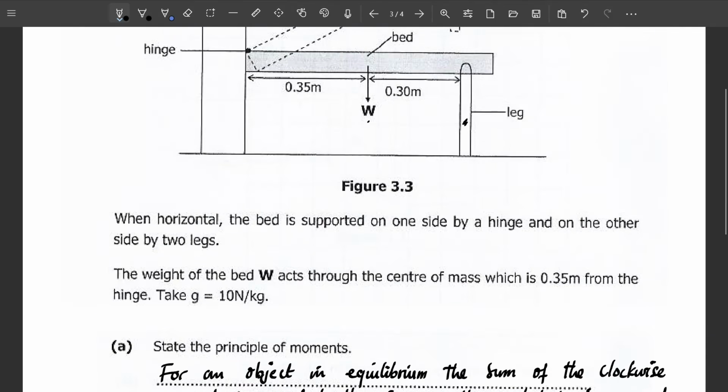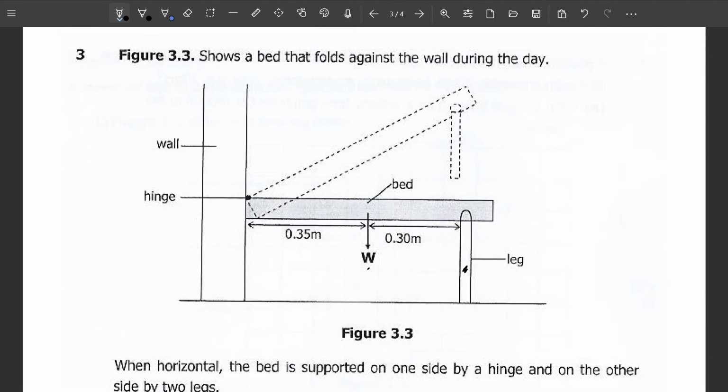What they're asking is the upward force F which these legs exert on the bed when it is in this horizontal position here. So for us to know the answer, we must apply the principle of moment, considering that we have the pivot here.